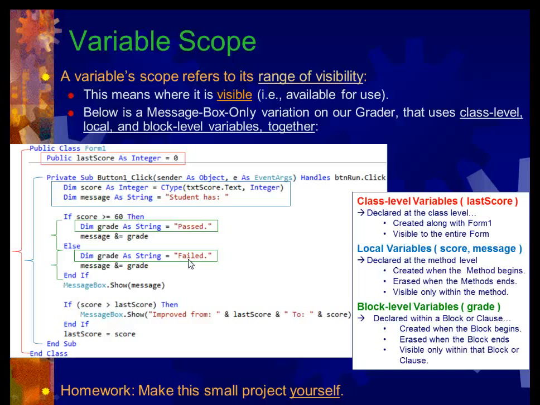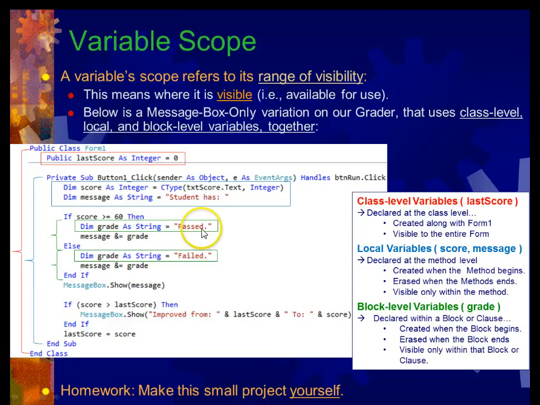But how did it know what the old grade was? That was our question. How did it know what the old grade was? Right? And the problem was that to know what the old grade was, it needed to store it in a variable.